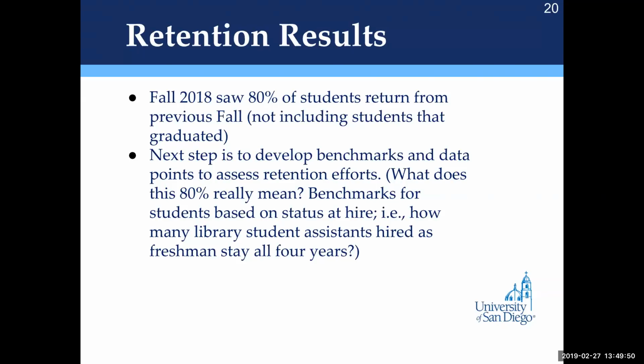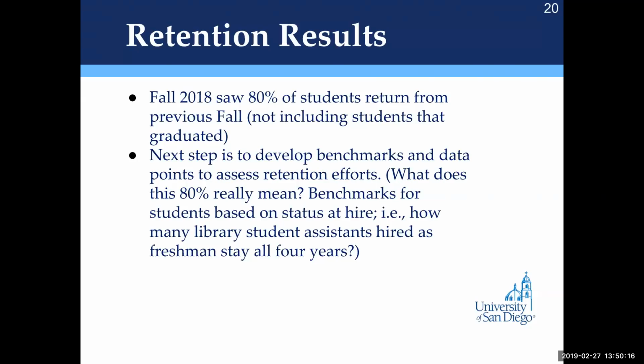We know anecdotally that we're keeping more students, but our next step is to really figure out what these numbers mean. A good example of a benchmark in the plan I'm developing now is how many students that we hire in their freshman year stay for 4 years. And then a benchmark would be, we want 90% of the students that we hire as freshmen to stay at least 3 years, right?